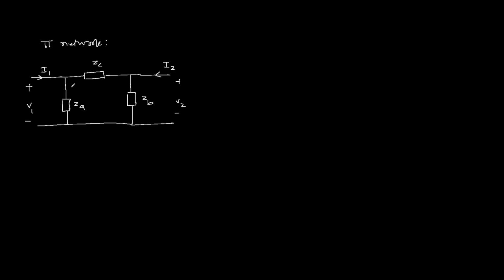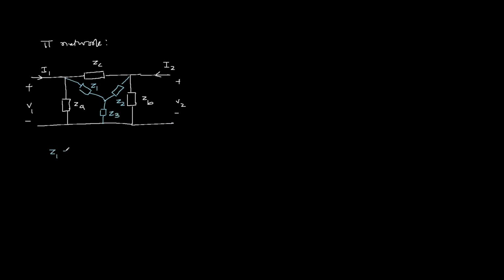Now this is basically a delta network. The three impedances are connected in the shape of delta. So let's make a delta to star conversion. We will convert this delta network to star like this. Say this one is Z1, this is Z2, and this one is Z3.